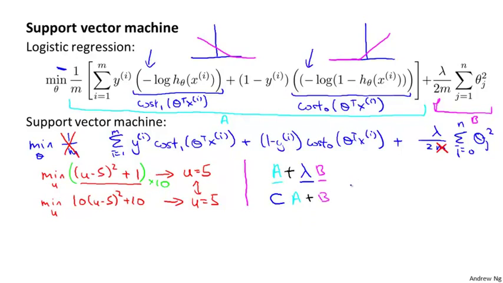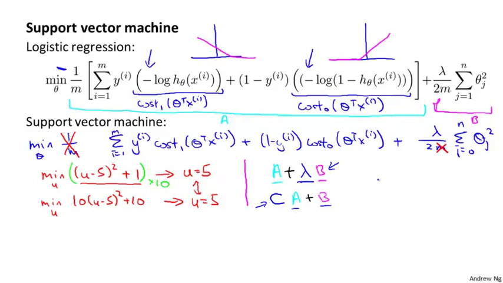For logistic regression, if we set a very large value of lambda, that means giving B a very high weight. Here, if we set C to be a very small value, that corresponds to giving B a much larger weight than A. So this is just a different way of parameterizing how much we care about optimizing the first term versus the second term.